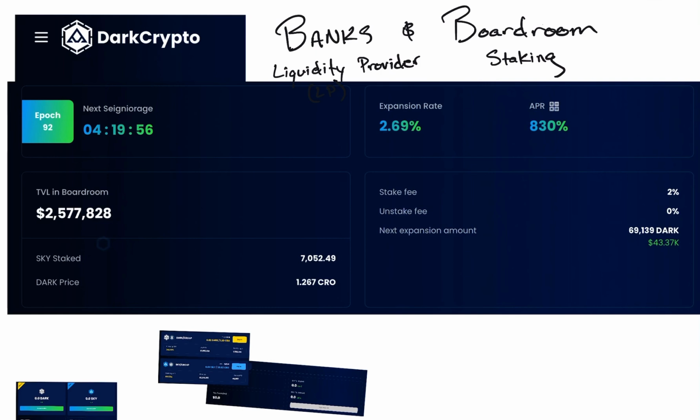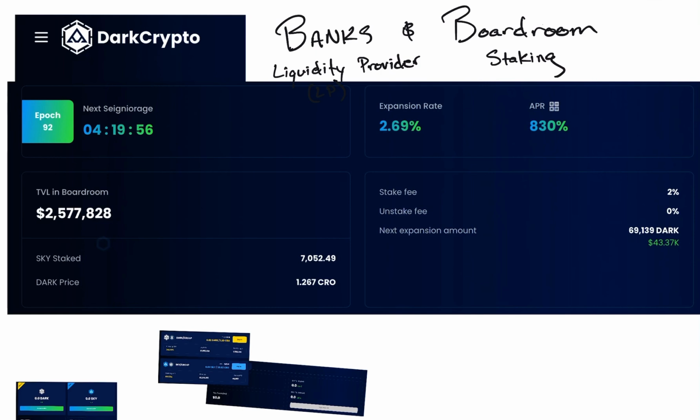So the algorithm is going to try to constantly push the value of Dark towards the value of Crow. That's what it means. It does not want there to be any deviation in value between those two assets.